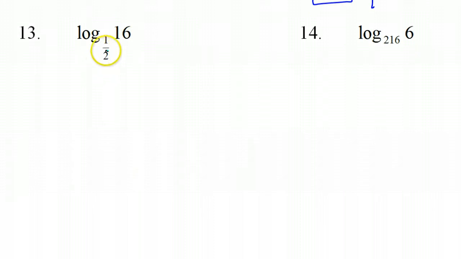Let's see. So, okay, there's a bunch of different ways to do this. Here's the way I taught you the first time around. When you have 1 over something, one way to do it is to kind of cancel out that 1 and ask yourself, okay, 2 to what power gives me 16? Alright, because that's how we normally do a log problem. Well, that would be 2 to the 4th power.